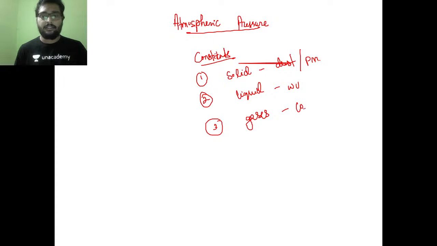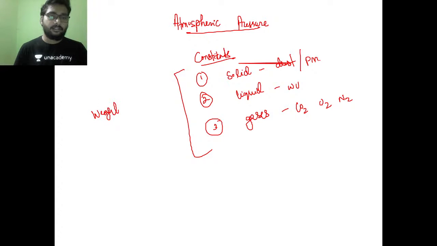In case of gases, there is carbon dioxide, oxygen, nitrogen and other gases as well. And these constituents have certain weight. When they exert their weight upon the surface of the earth, a pressure is created and this pressure is known as atmospheric pressure.